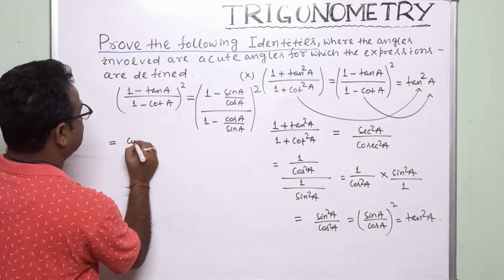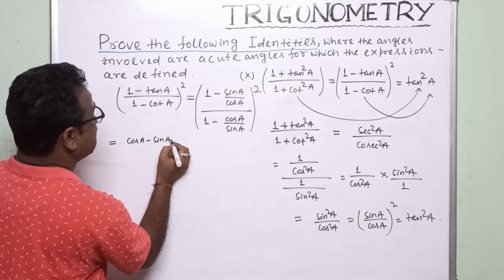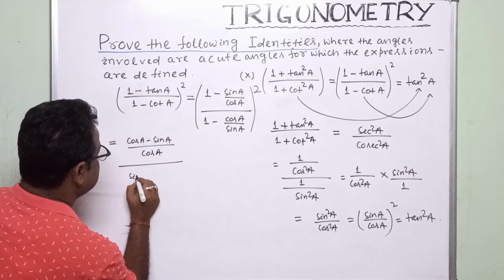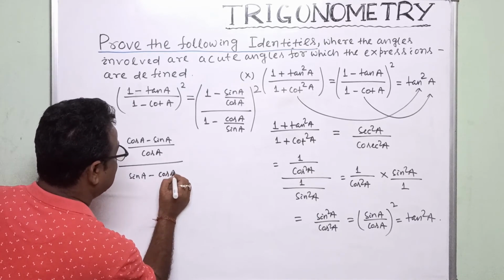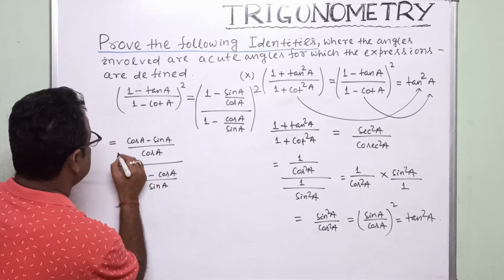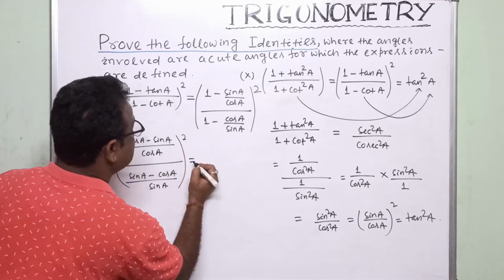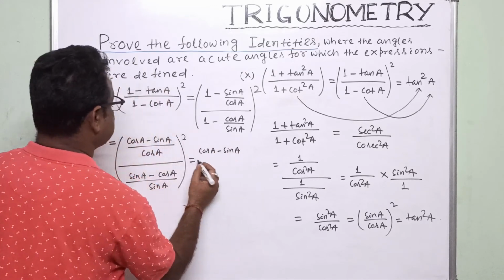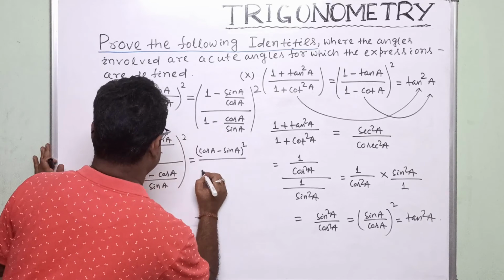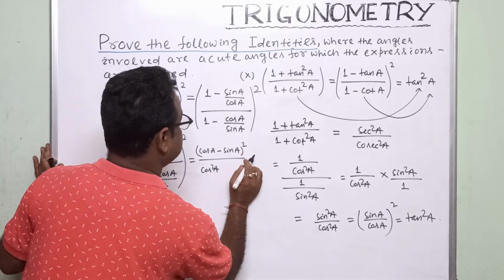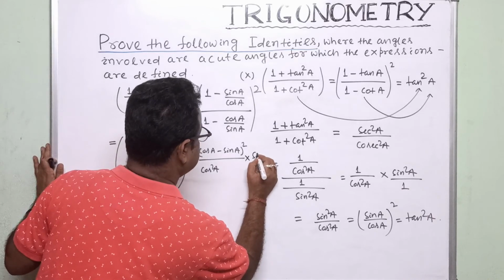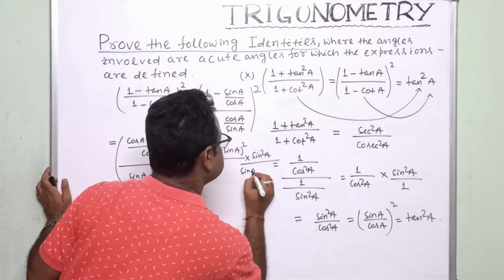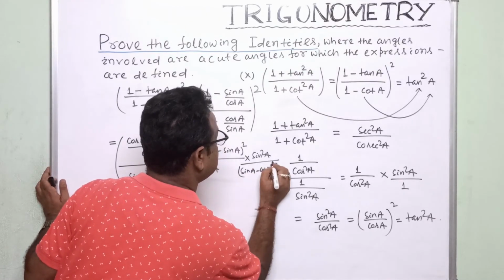That equals your (cos A minus sin A) by cos A, by (sin A minus cos A) by sin A, whole square. That is equal to your (cos A minus sin A) whole square by cos square A, into sin square A by (sin A minus cos A) whole square.